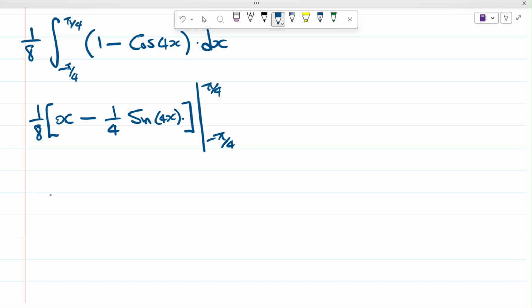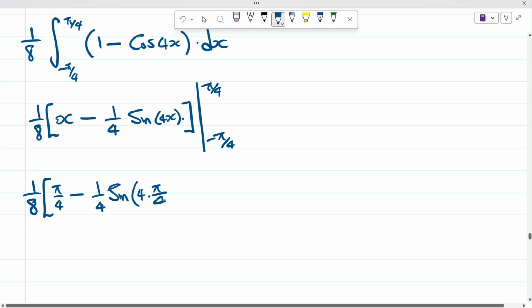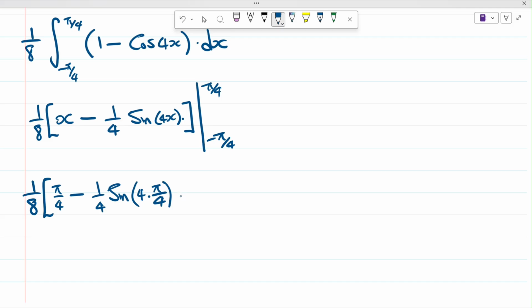Let's then put in our limits because we're done integrating. So this is just going to be 1 over 8 times pi over 4 minus 1 over 4 sine of 4 times pi over 4. So the 4 and 4 will cancel out, and we'll end up having sine pi, and then you close.